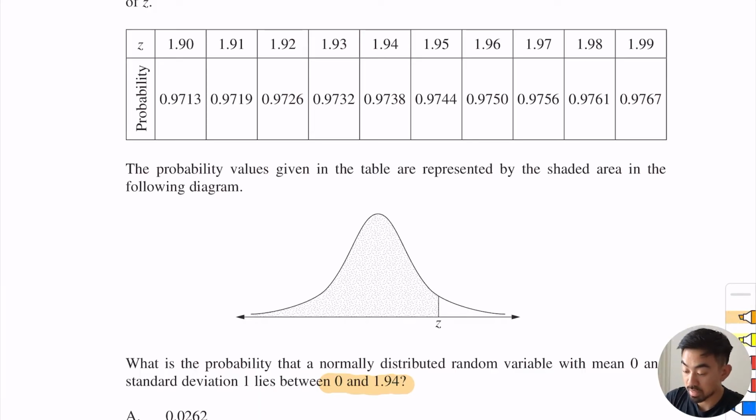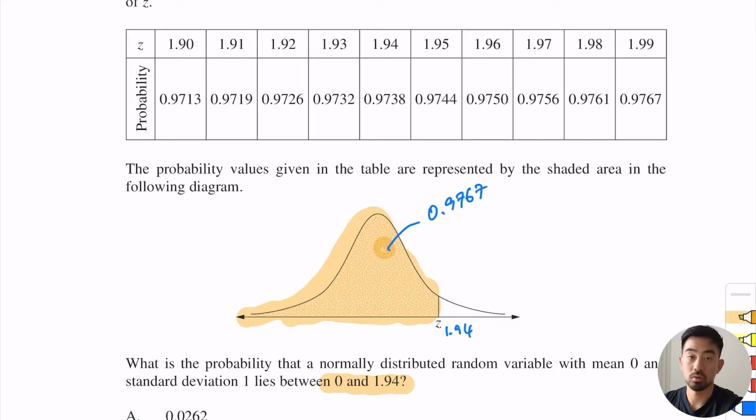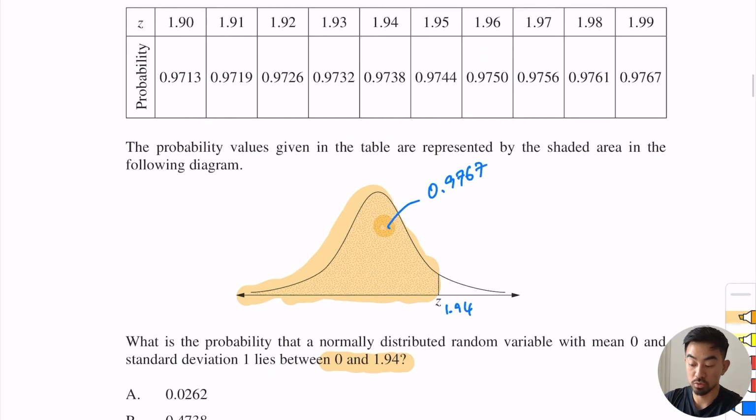If I put in my Z score of 1.94 here, what they're saying is anything below that point, so all that shaded bit, that has a probability of 0.9767 of being shorter than you, as the example I just gave. But they want to know what's the probability that if I choose someone random, they're going to be within the mean and your height. So just that bit there.